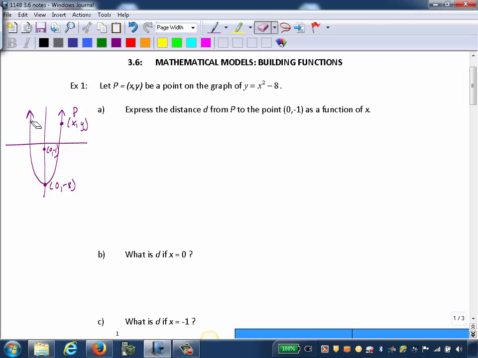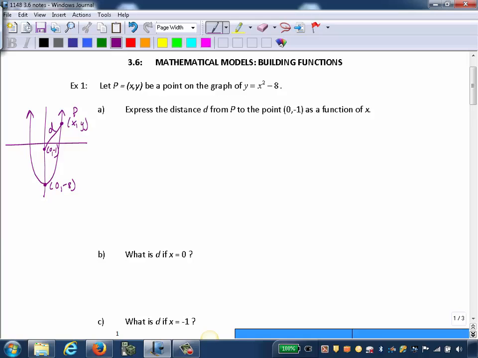As we go farther and farther up the parabola, that distance would increase. So we're looking for this distance d as a function of x. Recall that as a function of x means the only variables in the equation besides d are x.